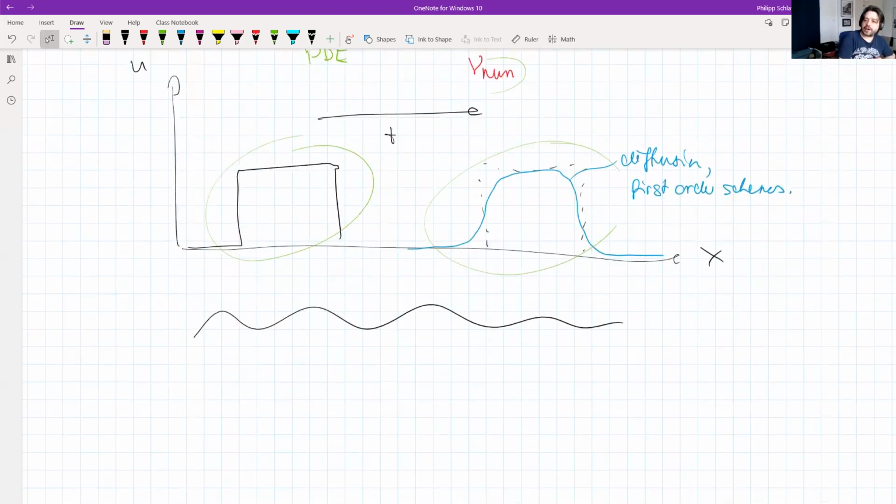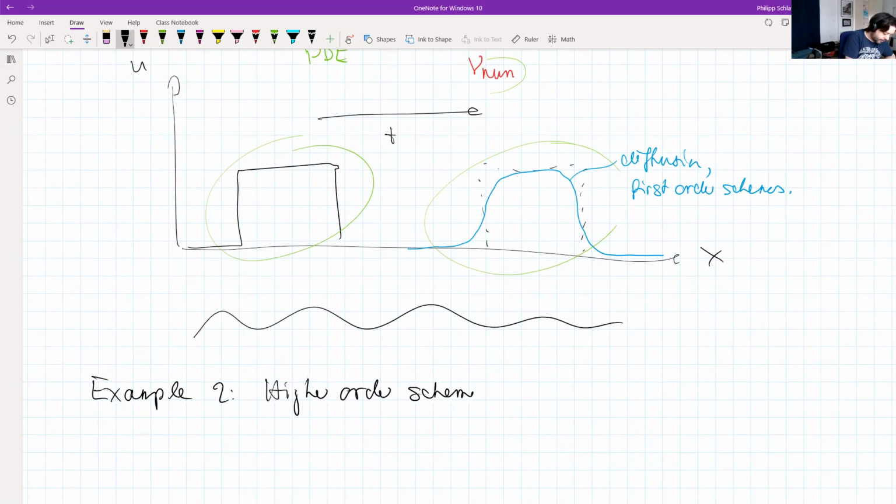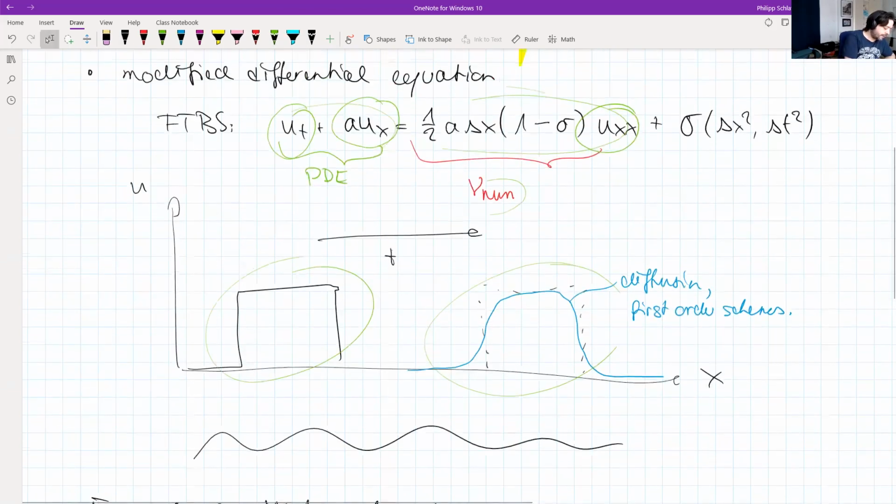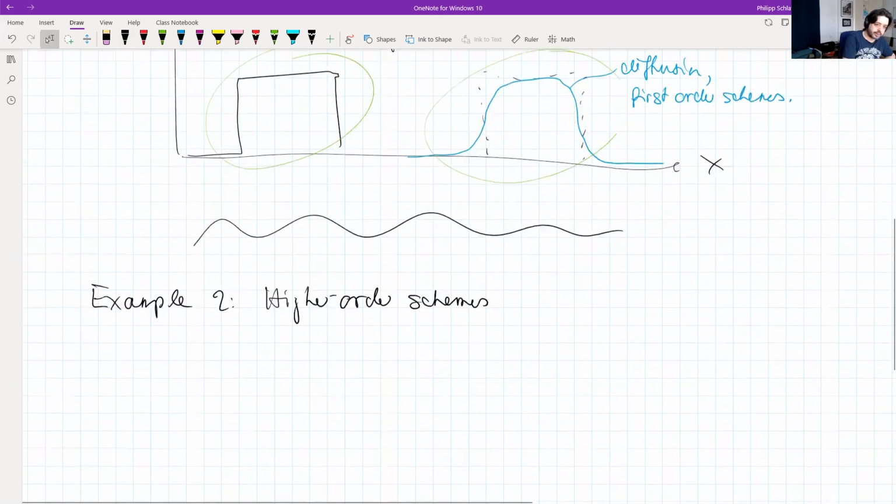So I would now like to motivate how we can actually create schemes of higher order, or what happens actually if you do schemes with high orders. So I do an example. It's example number 2, I think, higher order schemes.